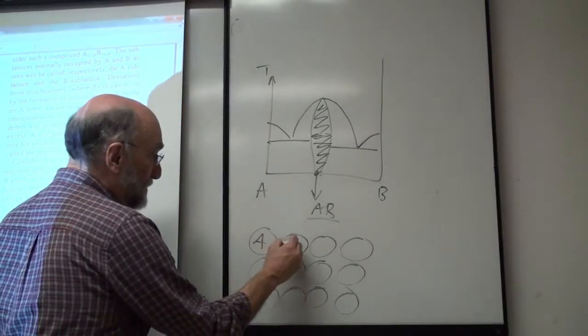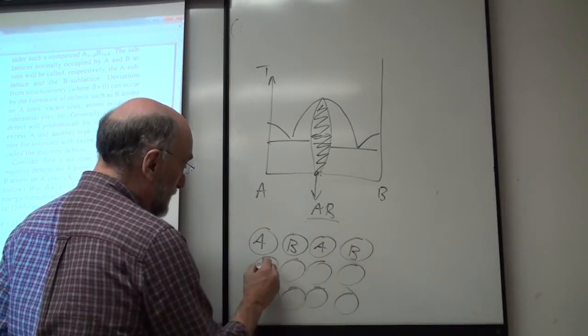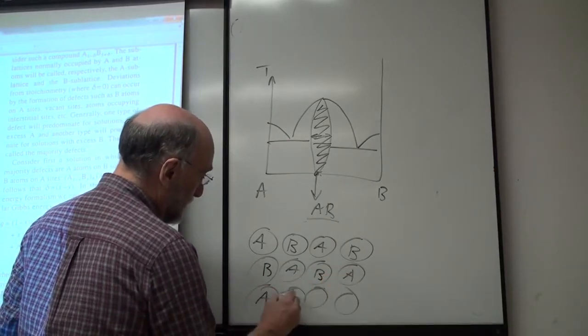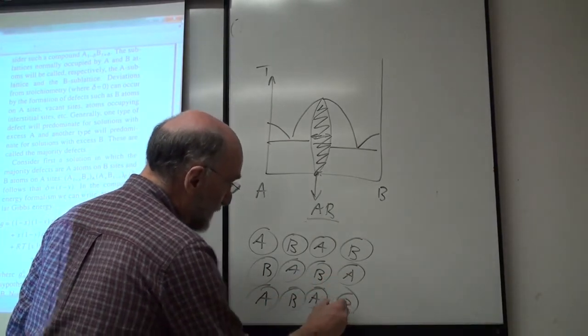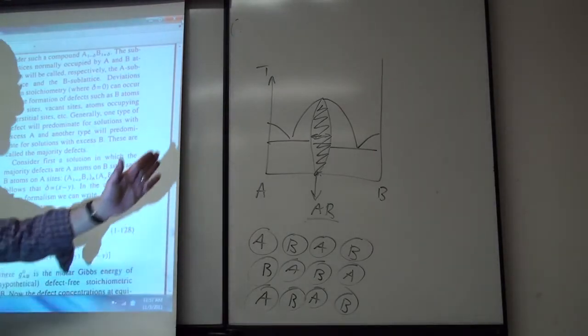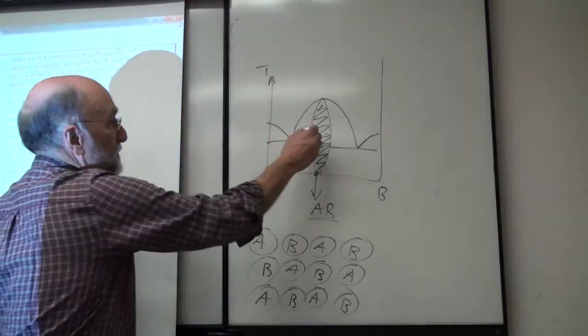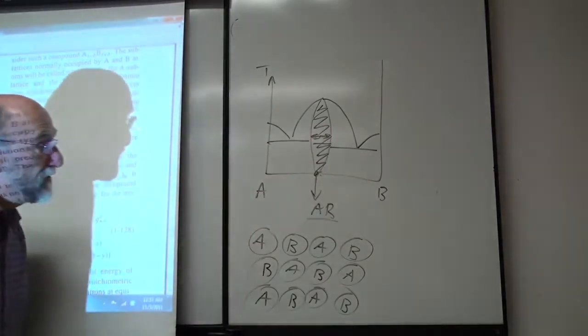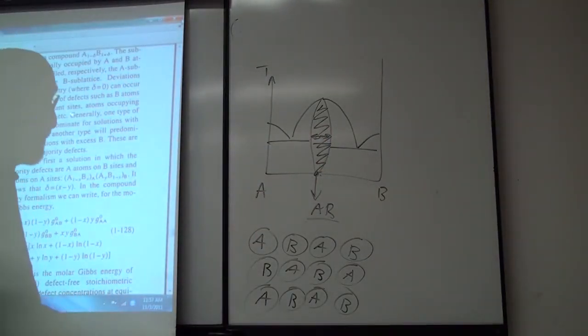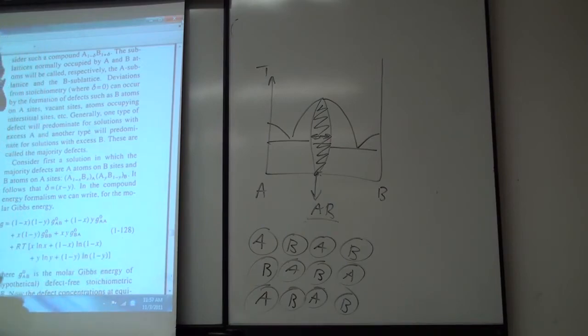So there you've got two sublattices, AB, AB, B, A, B, A, AB, AB. So that's your stoichiometric compound. Now, if you're getting a deviation from 50-50 here, a little excess B or excess A, there's different ways that this can happen. This is happening by point defects.